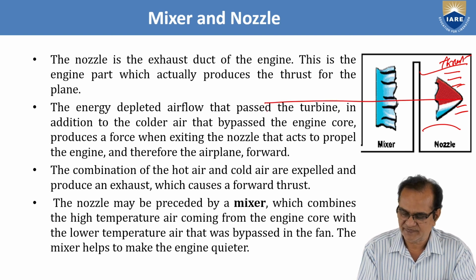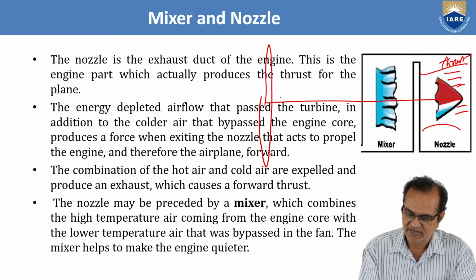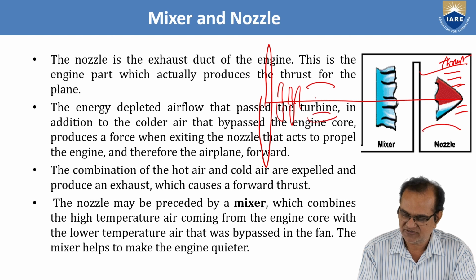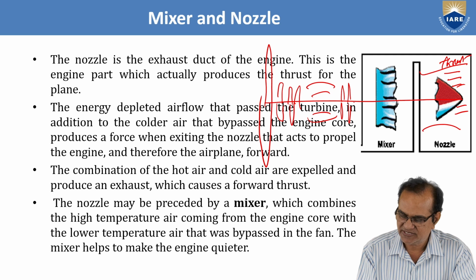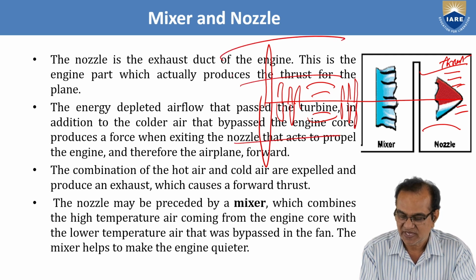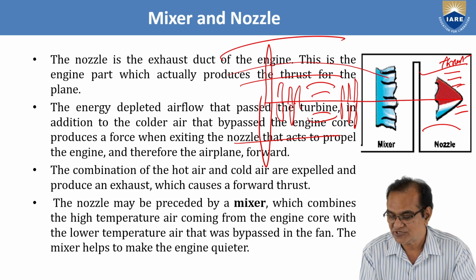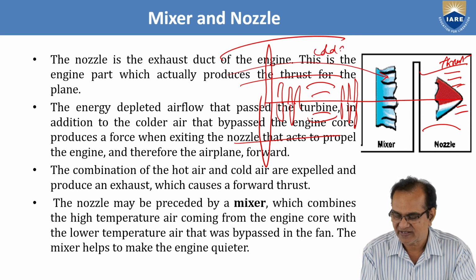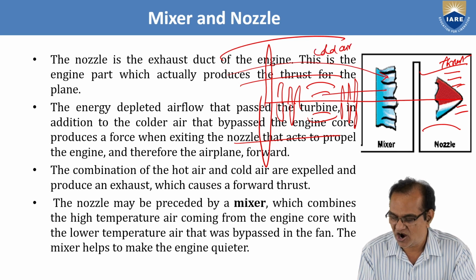This is the shaft, this is the fan, then we have the compressor, then we have the combustion chamber, then we have the turbines. So what happens here? This is the cold air from the turbofan, and the hot air.